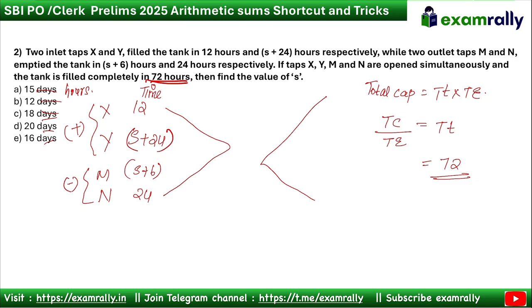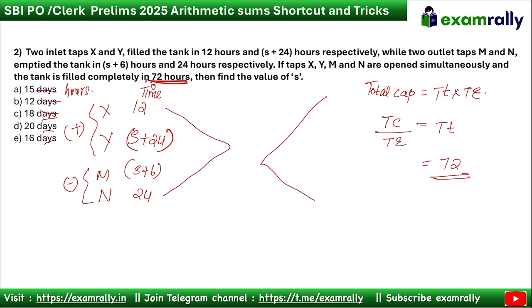We don't know the total capacity and can't find it randomly, and efficiencies are also not given. So let's take the total capacity of the tank as 72, or it can be a multiple of 72.